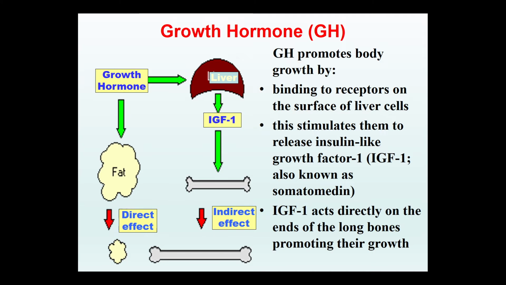If we talk about the activity of growth hormone, or somatotropin, it has two types of effect, direct and indirect. Direct effects are the result of growth hormone binding its receptor on the target cell.